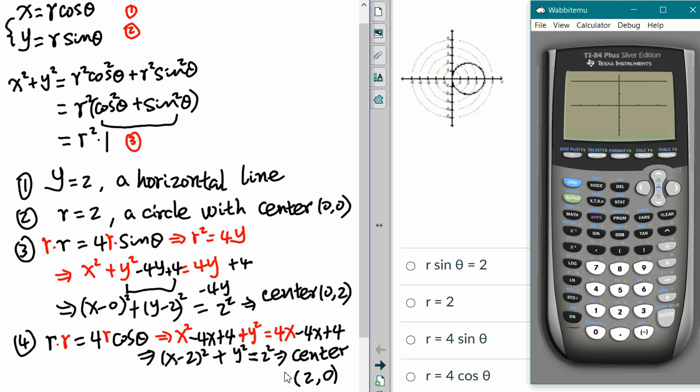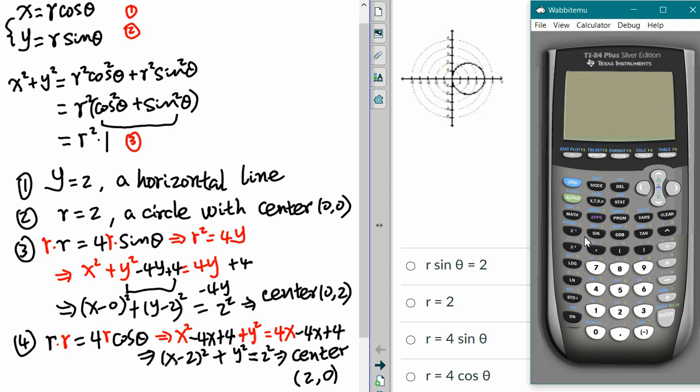A circle with the center at 2, 0. That's basically this one. The radius is 2. 2 squared is 4. Those are cancelled, 4x minus 4x. So then basically equation 4 will be our choice.